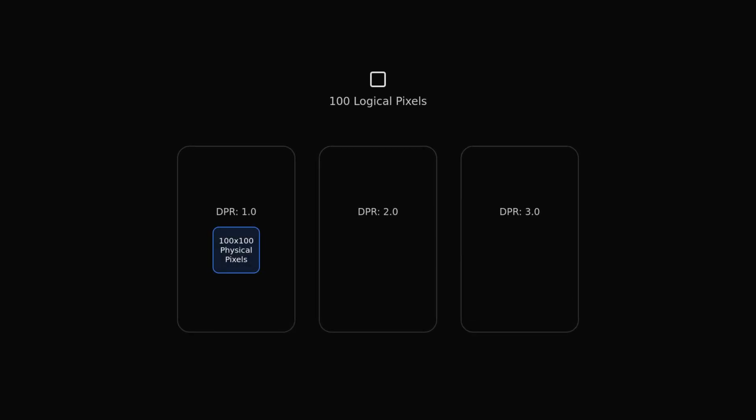In Flutter, if you set a width to 100 logical pixels, the box will appear roughly the same size on any device. However, the number of physical pixels it occupies will vary depending on the device's DPR. On a device with a DPR of 1, the box will be 100 times 100 physical pixels. This is then multiplied for each increase in DPR.